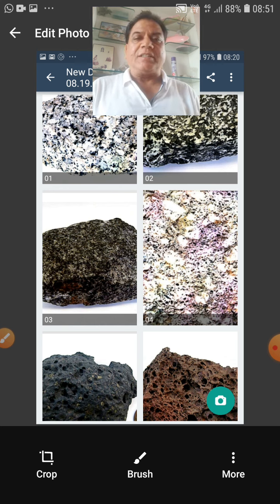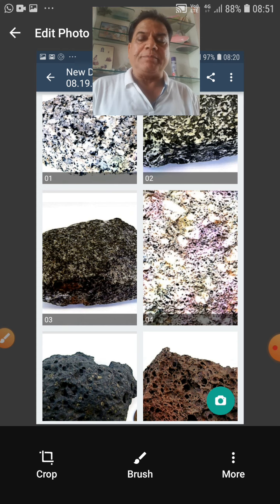These textural terms are based first on size, then shape, and then the combination of shape and size. As far as shape is concerned, if a crystal is well grown in all directions, it is equidimensional or polyhedral, just like garnet crystals. Whereas if it is better grown in two directions compared to the third, it is called tabular, just like micas, which have the tabular shape.